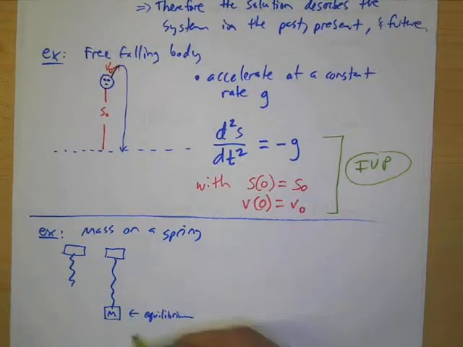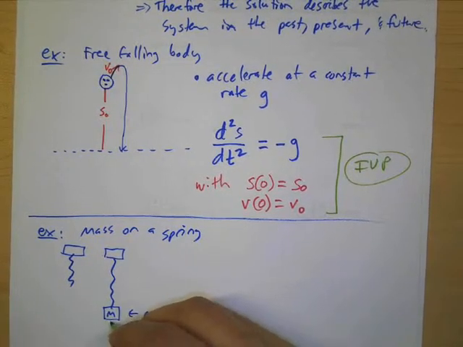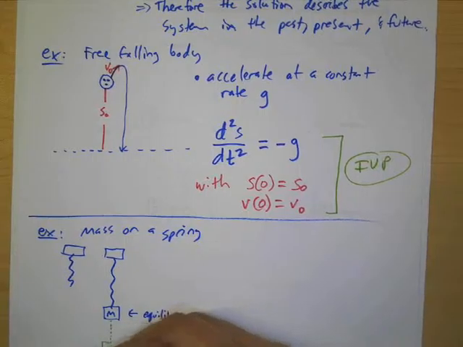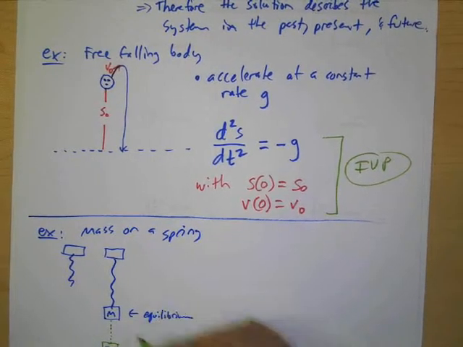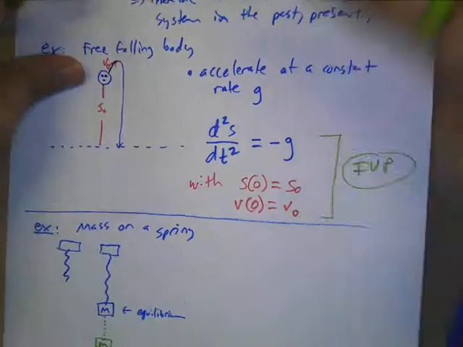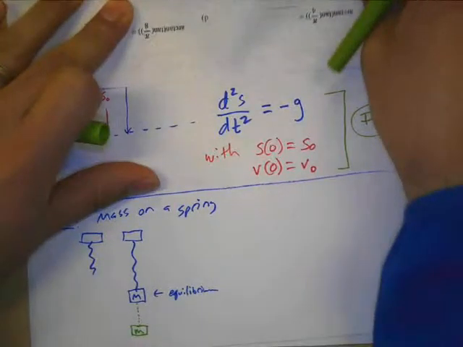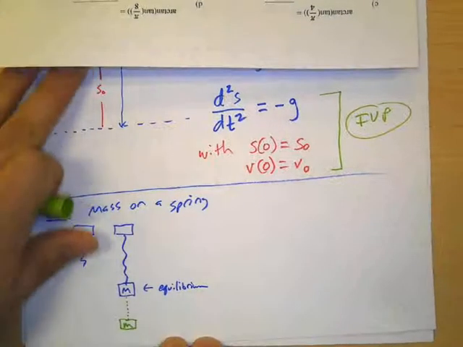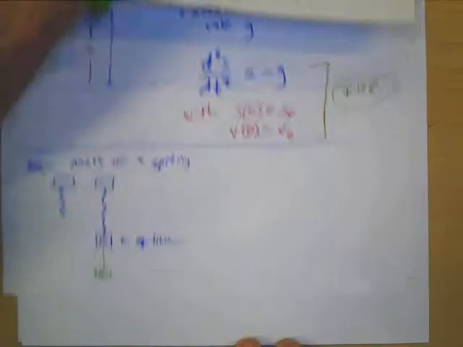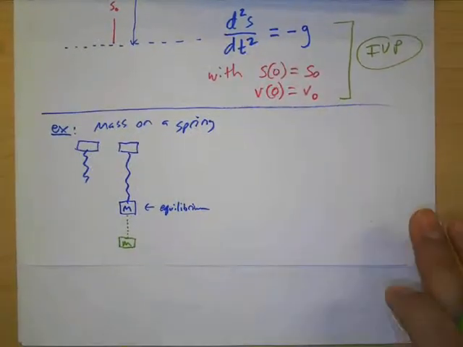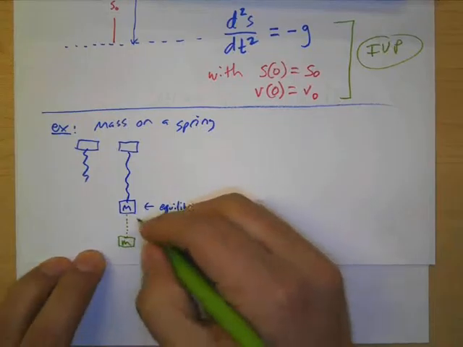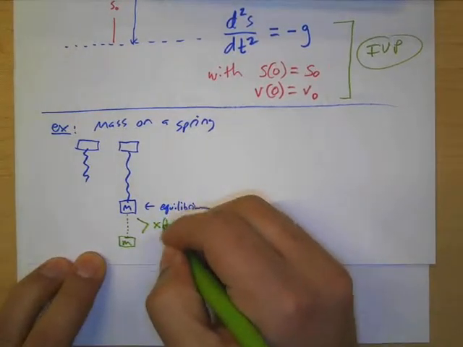And let's say that we pull the mass downward. We pull the mass downward, and let's call this distance x of t. So that'll be our variable.